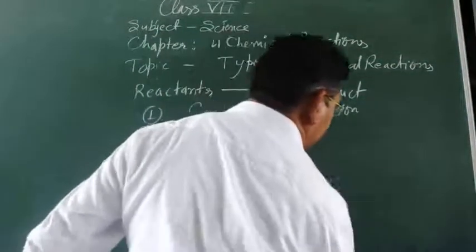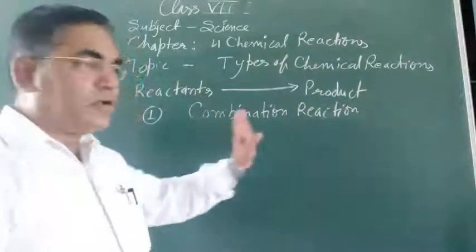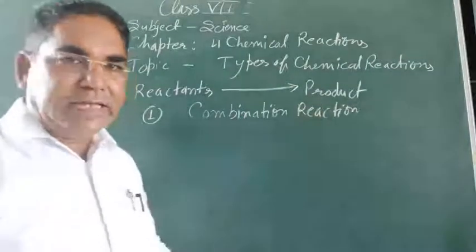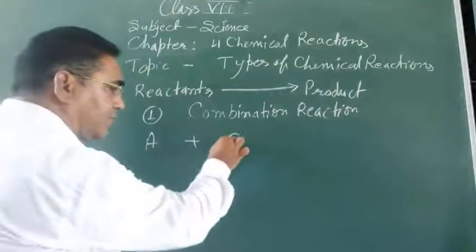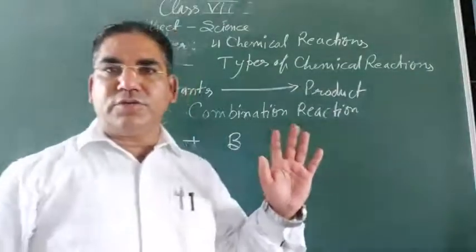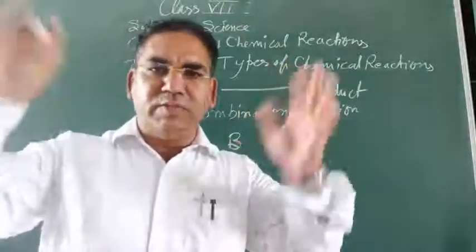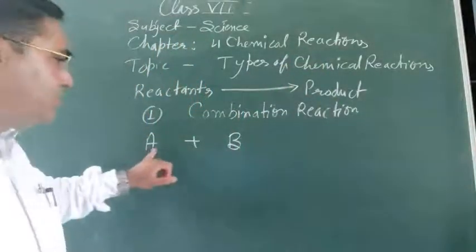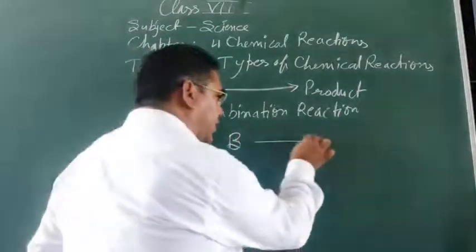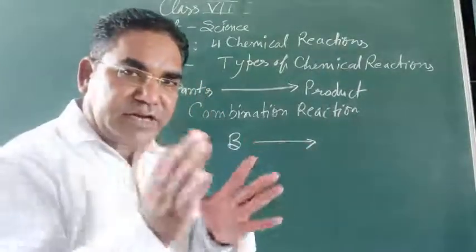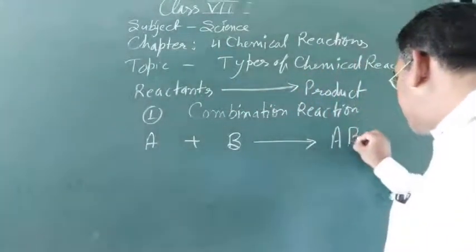The first one is the chemical combination reaction. In case of the chemical combination reaction, there are 2 or more reactants, there can be any number. They react with one another, and they produce a product.